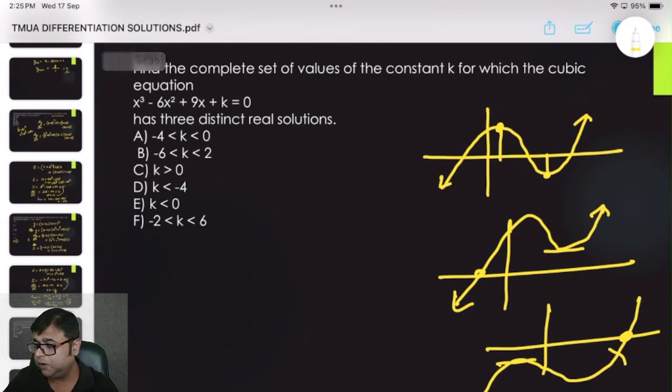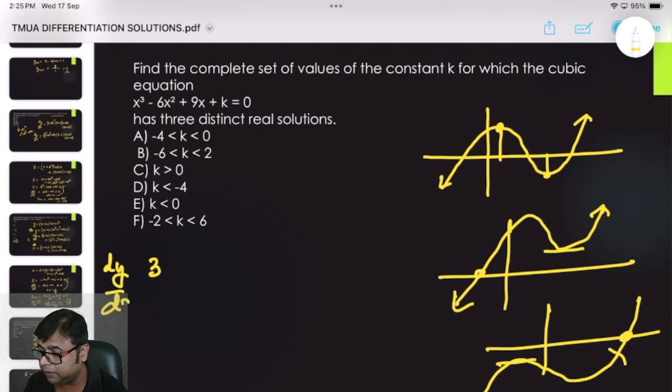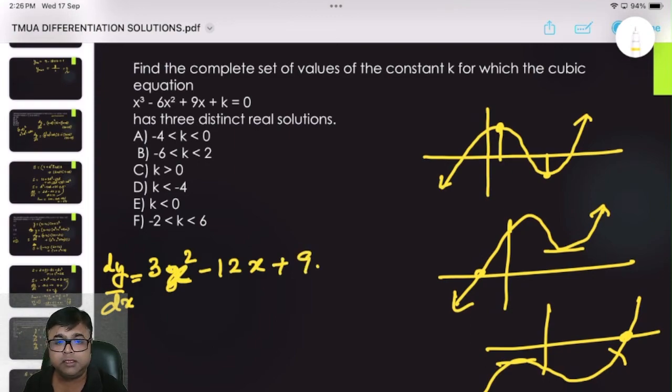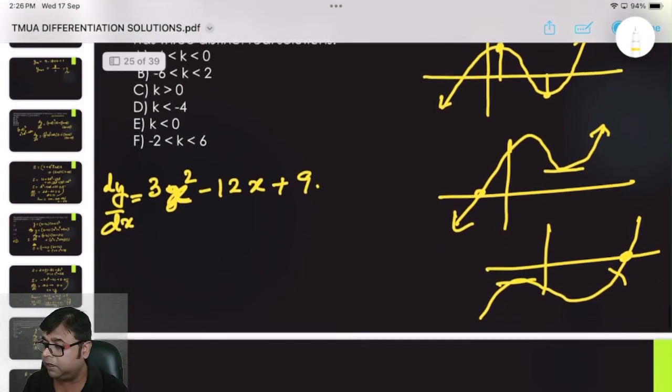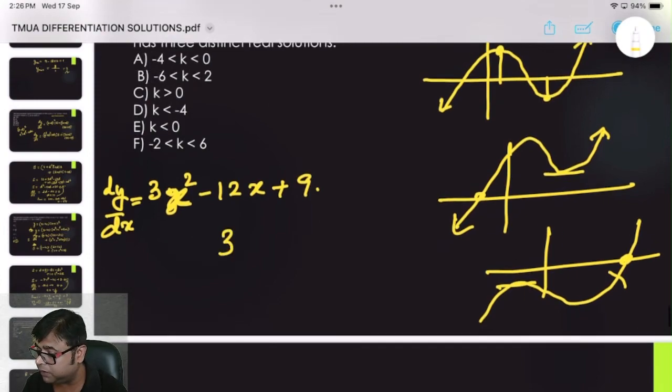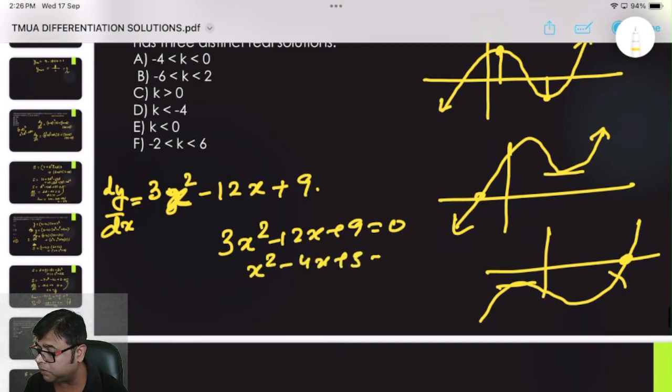Right, so now let me find the derivative. dy by dx is 3x square minus 12x plus 9. This is the first derivative. Now if I put it equal to 0, 3x square minus 12x plus 9 equal to 0, I will be getting x square minus 4x plus 3 equal to 0.